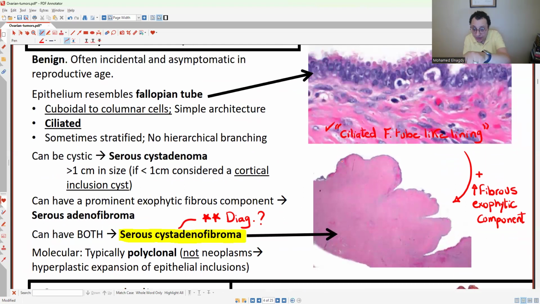Whatever I highlight is the additional information you need to know about this entity, aside from the key microscopic fact and being able to spot diagnose it.